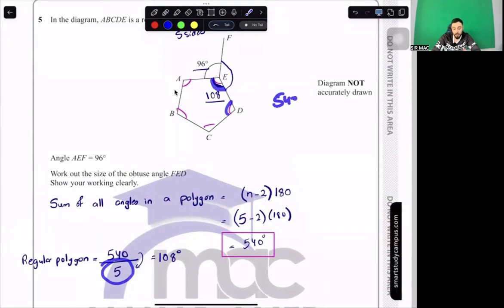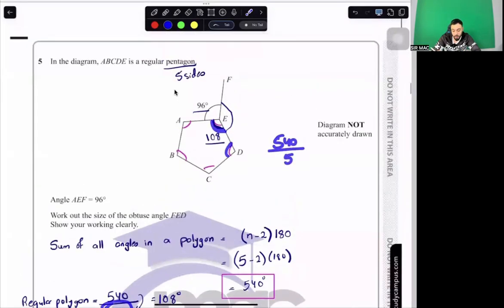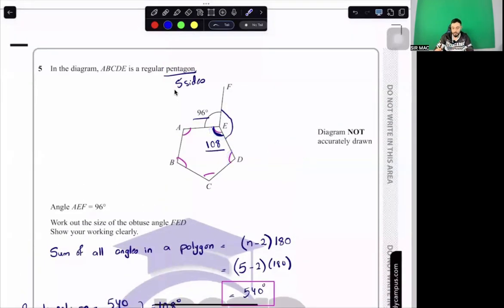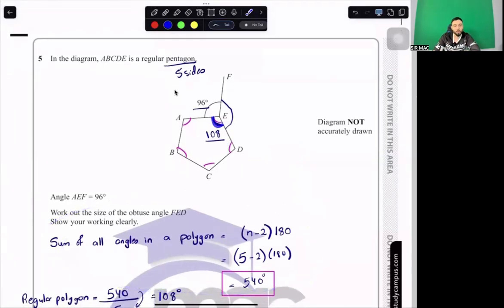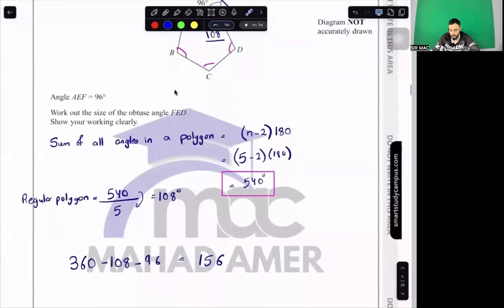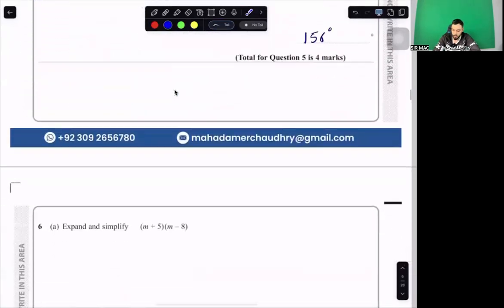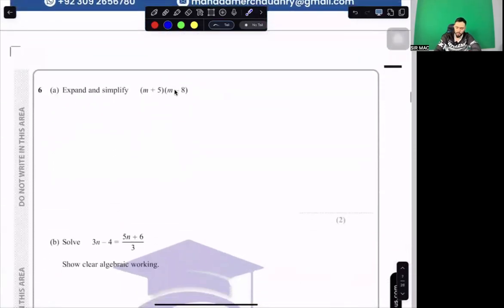So 540 divided by 5, I got this one internal angle, 108. Since the question was asking about this angle, the whole angle is 360. I took away 96 and 108 and got the remaining angle FED as 156.